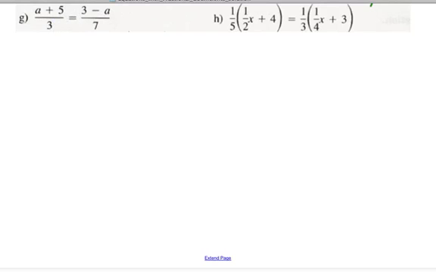Lowest common denominator here is 21. So 21 times a plus 5 over 3 is equal to 21 times 3 minus a over 7.